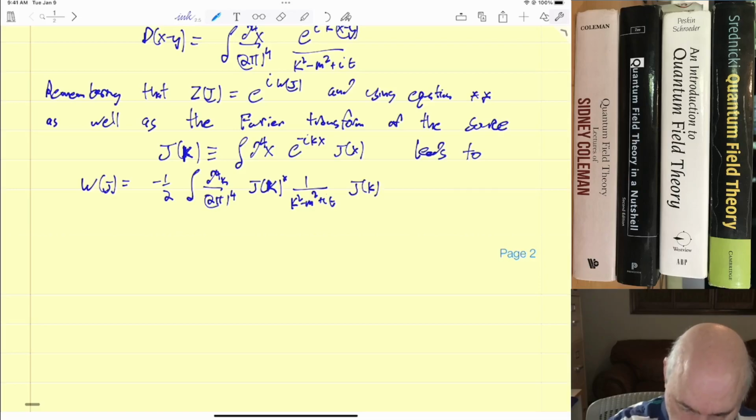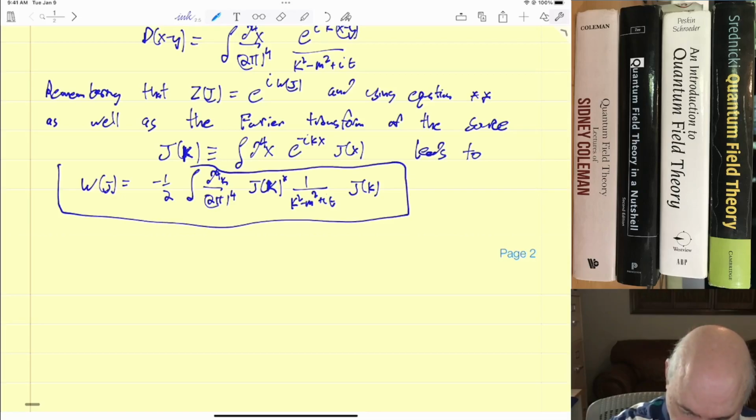And this is sort of our key equation that we're going to use over and over again. This is the scalar version for W of j.